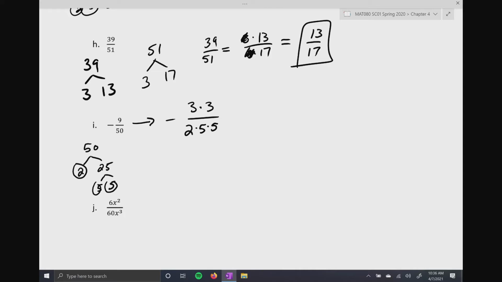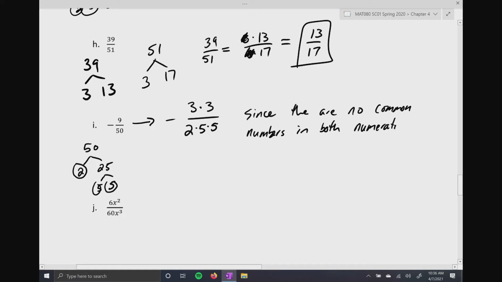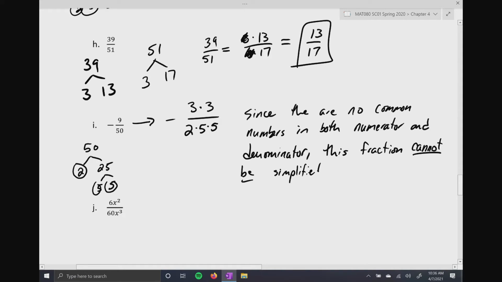Yeah. So, since there are no common numbers in both the numerator and denominator, this fraction cannot be simplified.